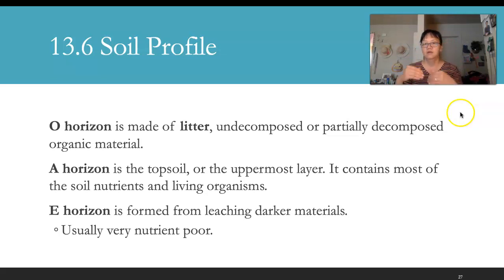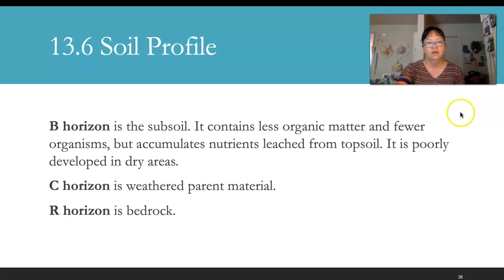That is one of the reasons why we see different layers. The B horizon is the subsoil, as I mentioned, the C horizon is weathered parent material, and the R horizon is bedrock.